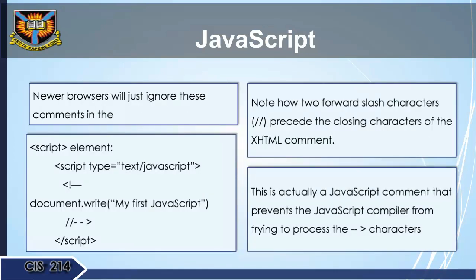Newer browsers will just ignore this comment in the script element, script type, text/JavaScript, document.write, my first JavaScript, // angle bracket closed, angle bracket open, /script, angle bracket closed. Note how two / characters precede the closing characters of the XHTML comment.